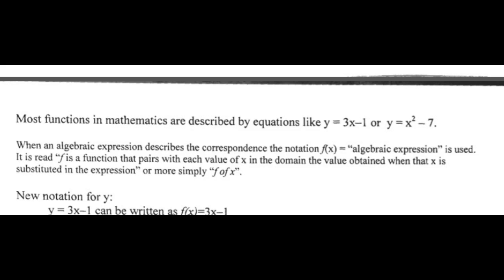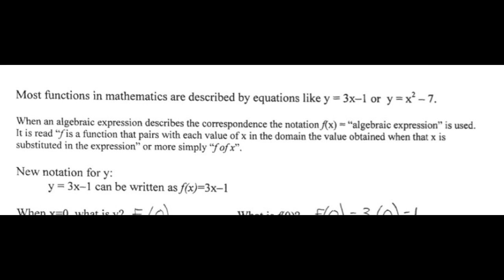It is read as f is a function that pairs with each value of x in the domain the value obtained when that x is substituted into the expression, or more simply, f of x. It's very important that you realize that that is read f of x, a function of x. It is not f times x. It is f of x.